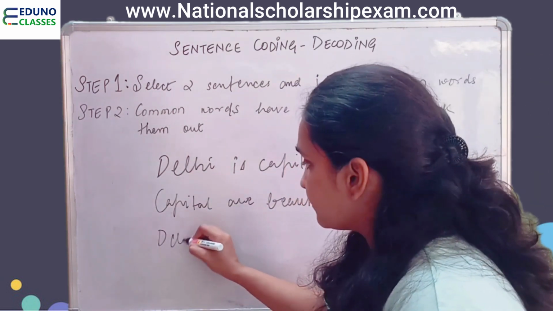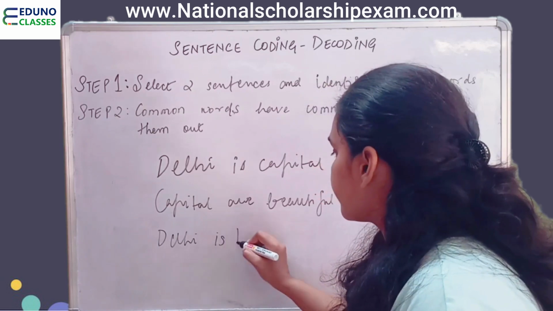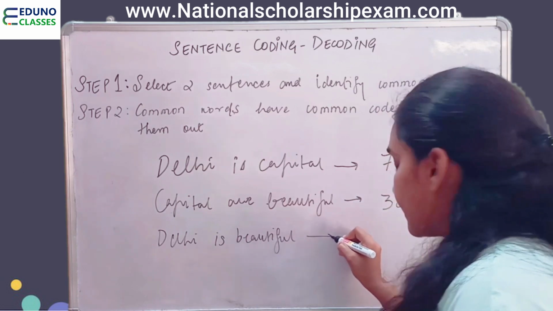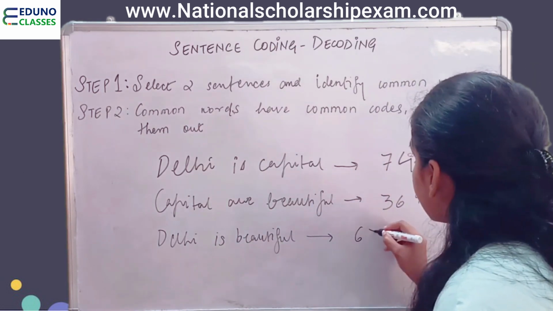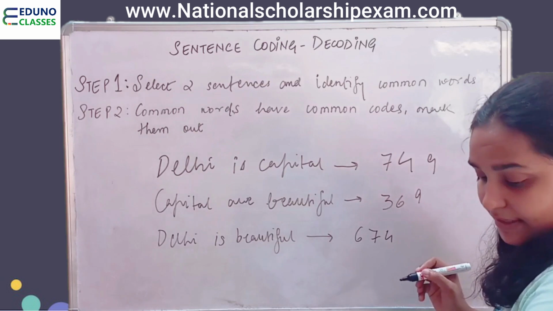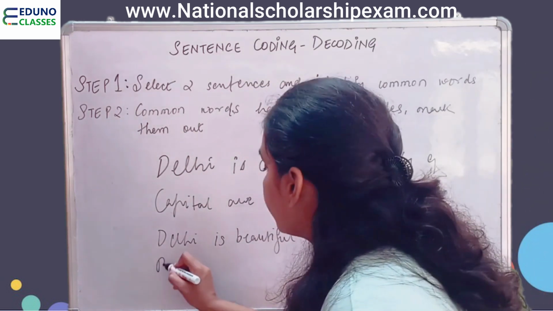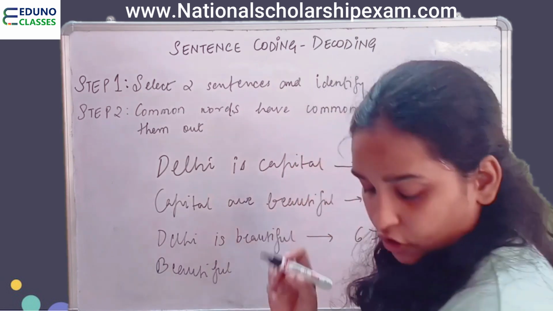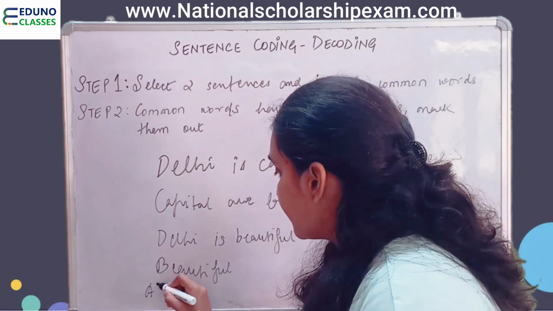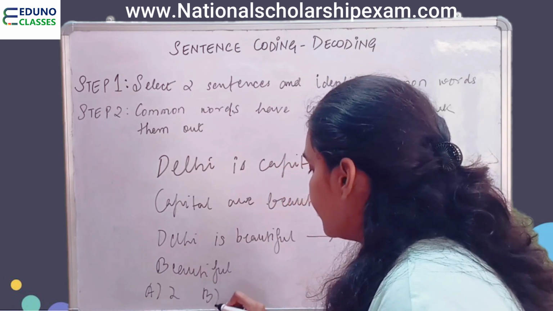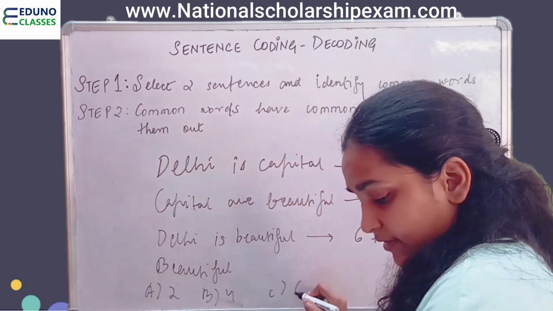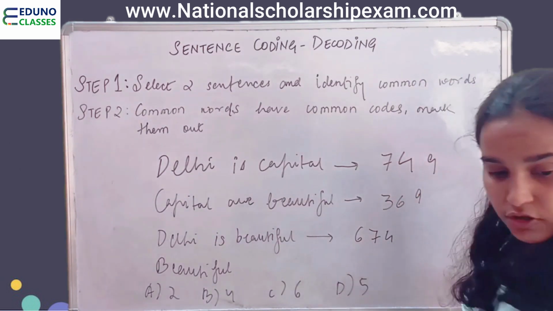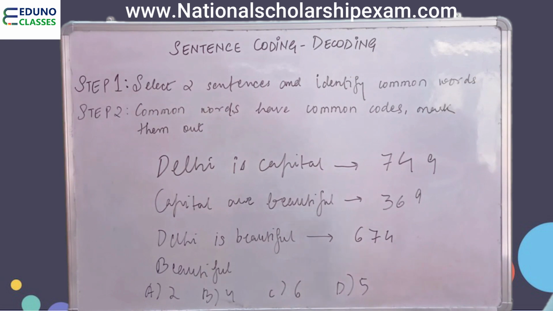Delhi is beautiful is coded as 674. It is asking what is the code for the word beautiful. Your options are A 2, B 4, C 6 and D 5. Now we will follow the steps to solve this kind of question.